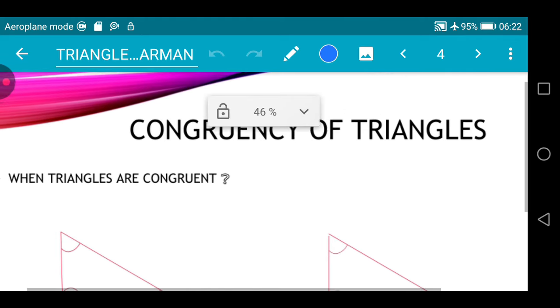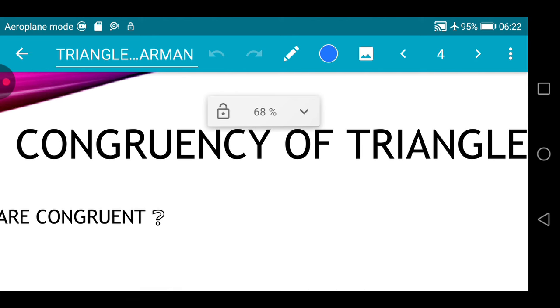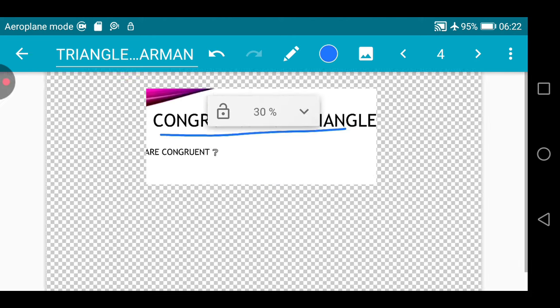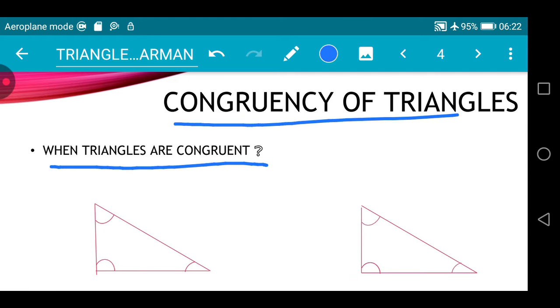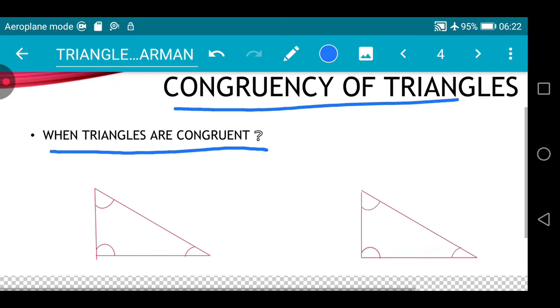Next, congruency of triangles. When are triangles congruent?